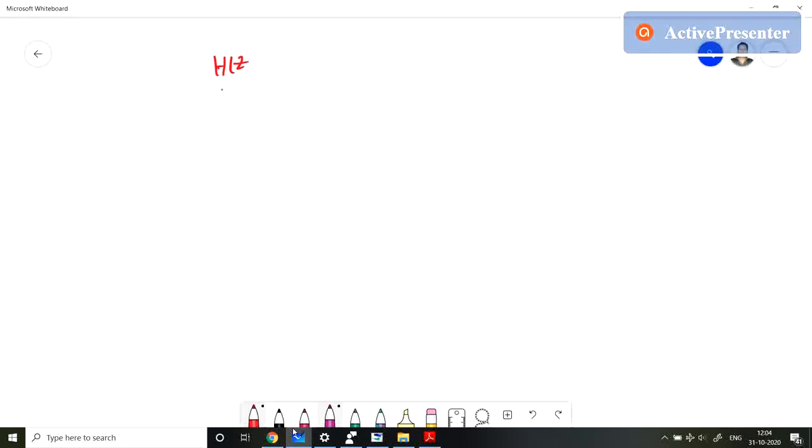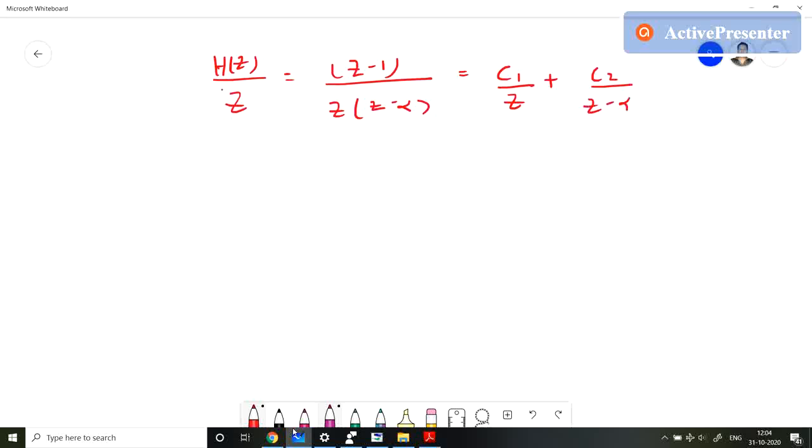H(z) by z is equal to (z minus 1) divided by z(z minus alpha), that is equal to c1 divided by z plus c2 divided by (z minus alpha).